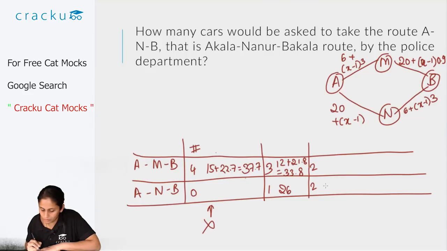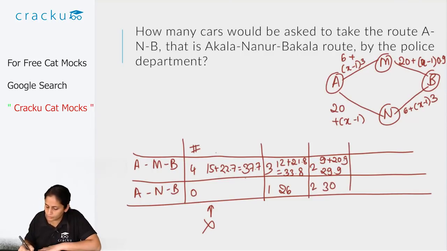If it's 2 and 2 cars, now we'll see that this is 2 minus 1 times this, so 6, this is 9, plus 2 minus 1 is 0.9, so that is 20.9. So this is 29.9. And this part is 1, so this is 21 plus 9, so that is 30. So this value for 2 and 2 is 29.9 and 30. Now let's consider the other case.